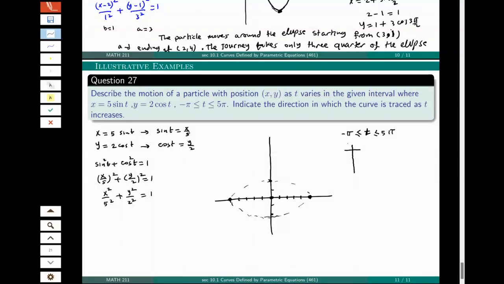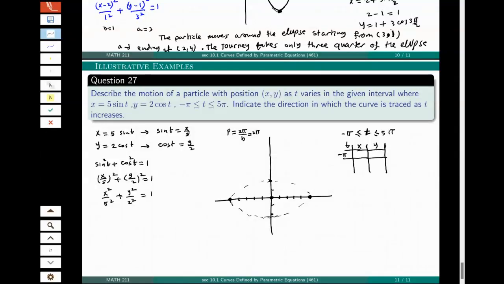Okay? So when t is equal to minus pi, what will be x? What will be y? Remember here before we start, the period, which means complete cycle, will be 2 pi divided by b.